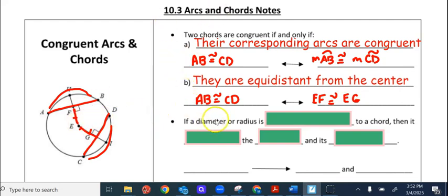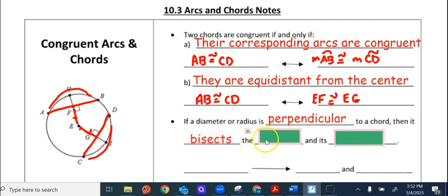Another thing to note about chords is if a diameter or radius is perpendicular to a chord, then it bisects the chord and its corresponding arc.